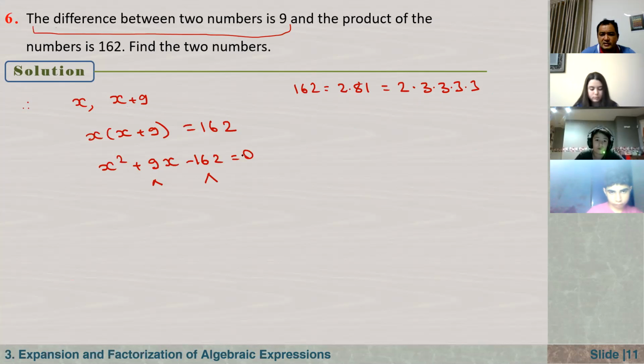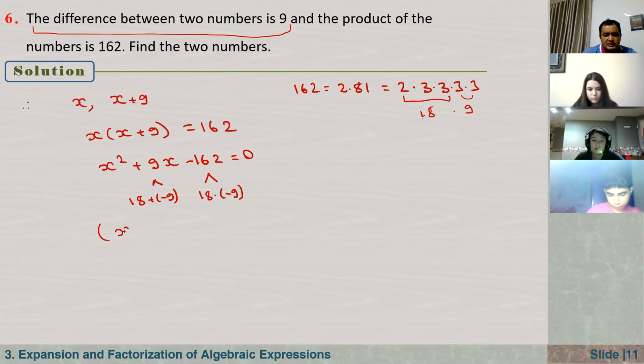Now I can think of the combination of these numbers so that the difference is 9. How about if I choose 2 times 3 times 3, that's equal to 18, and 3 times 3, that's equal to 9. 18 times 9 is 162, and the difference is 9. Actually, we have already found the answer. With the signs, that is 18 times minus 9, and 18 plus minus 9.